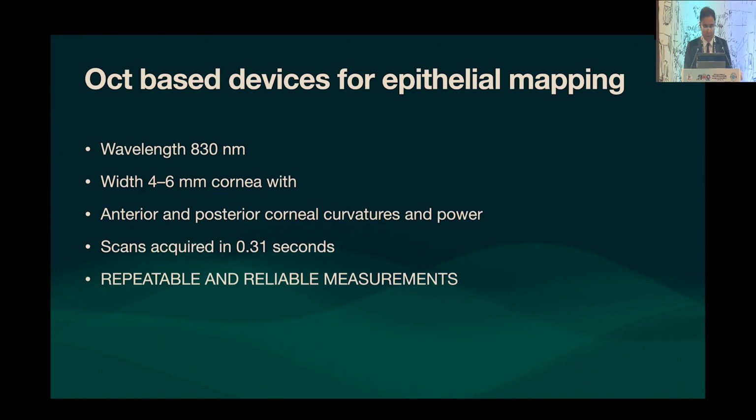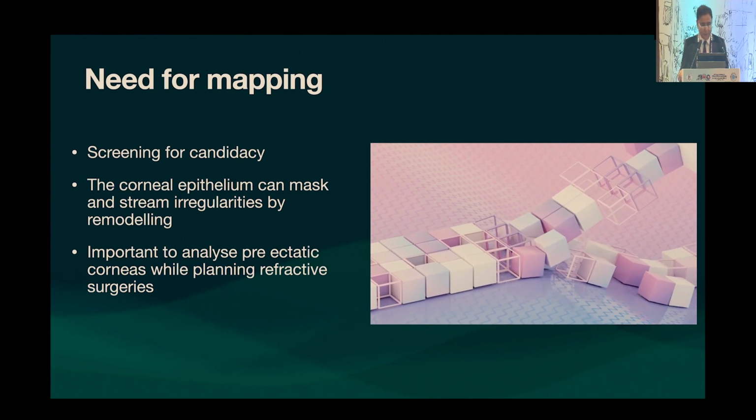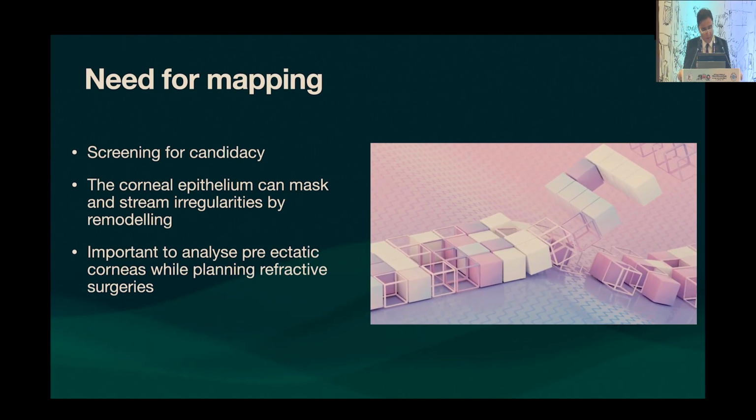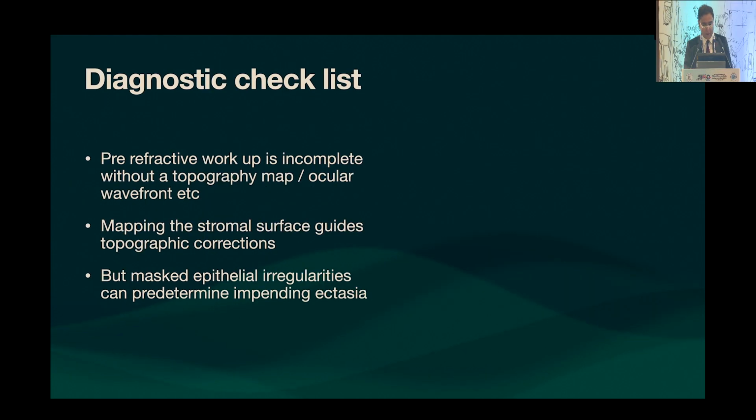So we have OCT-based devices which have a wavelength of 830, and they cover the central 6 millimeters, and also look at anterior-posterior curvature and power. And of course, it's repeatable and reliable. So it's important now to screen every refractive patient for epithelial thickness, and I'll tell you why. The corneal epithelium can mask irregularities of the cornea, and it's important to analyze whether it's a pre-ectatic cornea while planning refractive surgery.